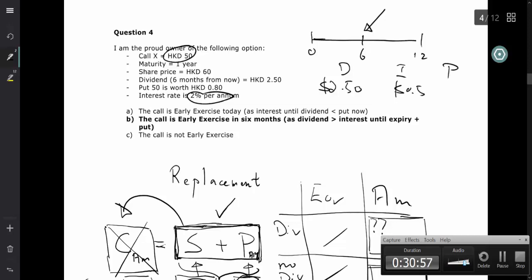and your put is going to be 80 cents. So you are looking at a comparative advantage actually of $1.20. So yes, you will exercise the call in 6 months, assuming all else is the same.